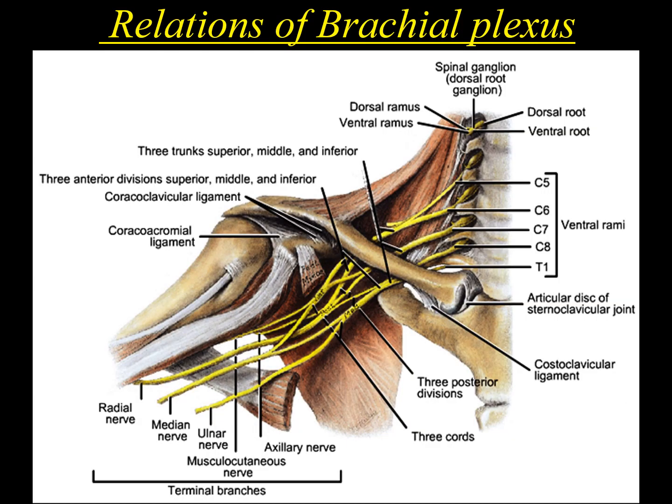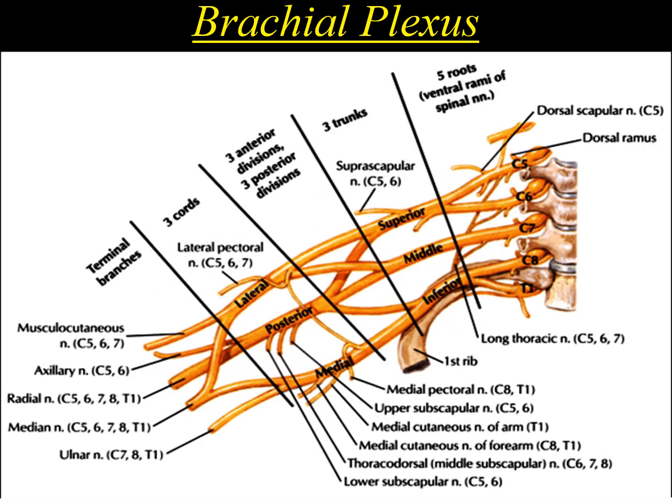Now the relations, once again we will repeat them. Roots lie between scalenus anterior and medius muscles, trunks in the posterior triangle of the neck, divisions below the clavicle, cords are formed in the axilla, and then the remaining branches go towards the arm. Here you can also appreciate the roots emerging out of the vertebral column.